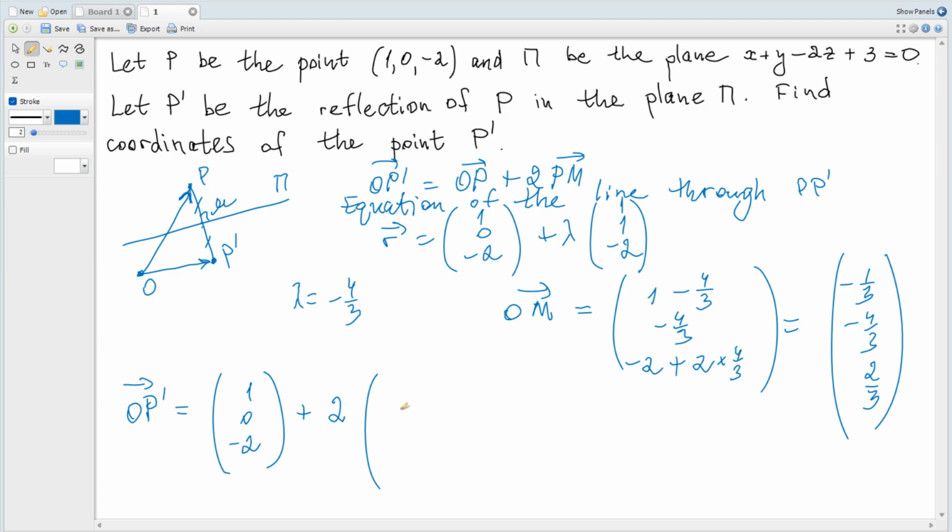So it becomes negative 1/3, negative 4/3, 2/3, minus 1 0 negative 2.